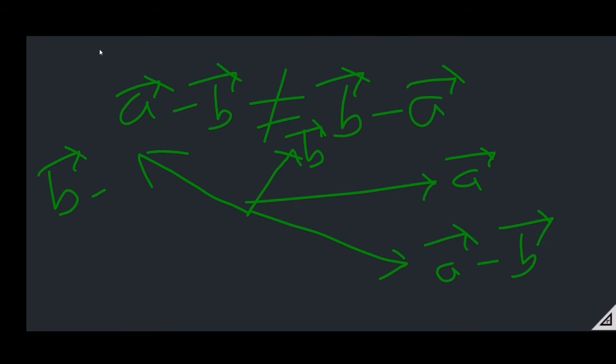So A vector minus B vector and B vector minus A vector are not equal. So it is different. It is clear from the figure.